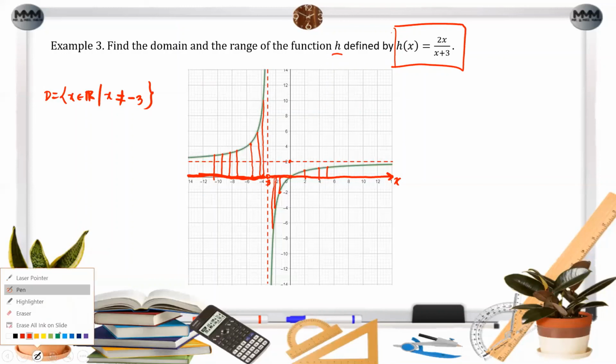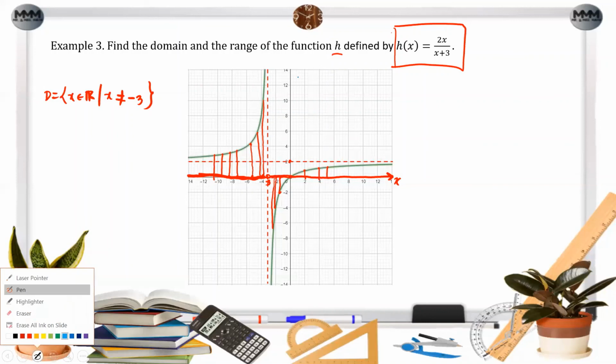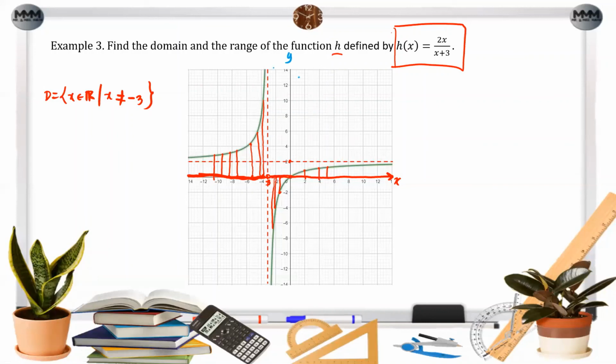So we will be focusing on the y-axis. For the y-axis, if we have the point here, this is our value of y. Here, if we have the point, value of y, this one.